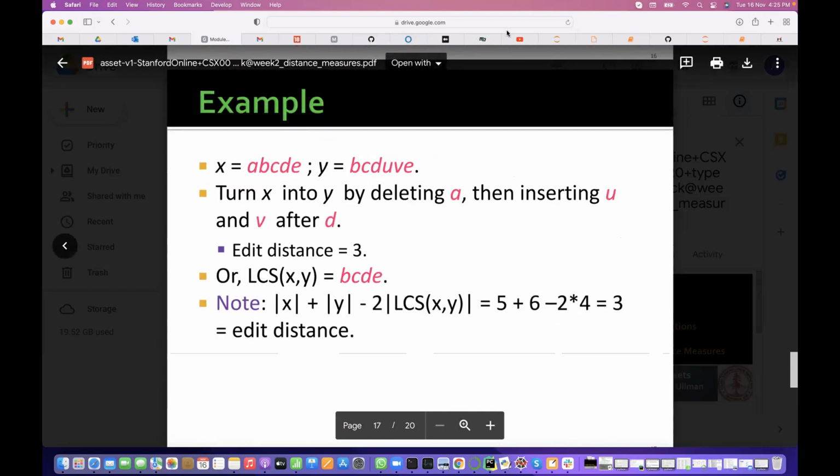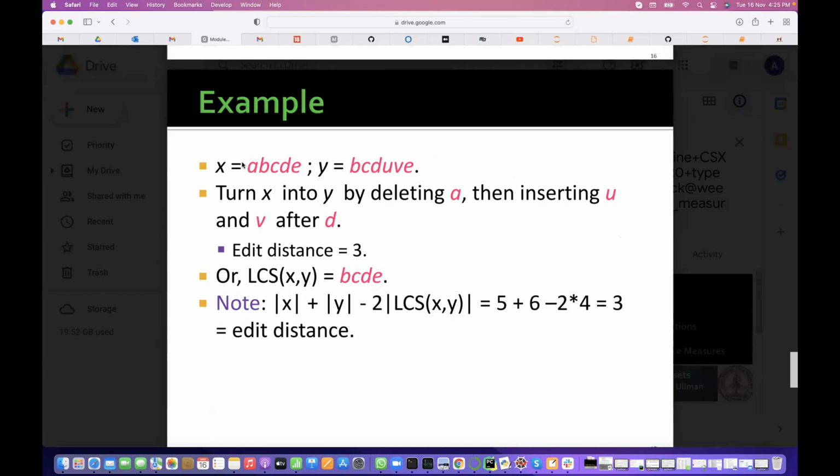I want you to get some experience with this, because LCS is mostly used in data science. If I put U also here between C and D, then how do you compute the edit distance? Compute and tell me. First, what needs to be computed to get the edit distance? The last formula, LCS. So what is the LCS if you put U between C and D?